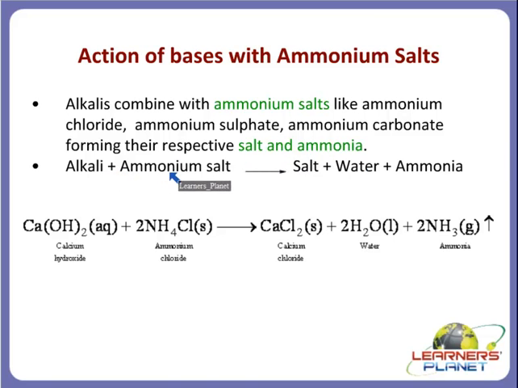So an alkali reacts with an ammonium salt and gives salt, water and ammonia. Here the alkali is calcium hydroxide. It reacts with an ammonium salt, which can be ammonium chloride or ammonium sulfate or ammonium carbonate, and it forms calcium chloride, and water and ammonia are given out.